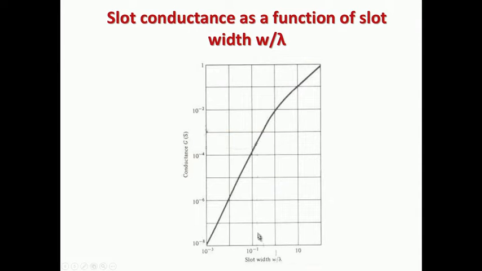Whereas if we have a small slot, then the conductance is very small, 10 to the power minus 4 or 10 to the power minus 6. Suppose W by lambda is 0.1, in that case the conductance is 10 to the power minus 4, so the radiation resistance will be quite high, roughly 10 to the power 4 ohm.